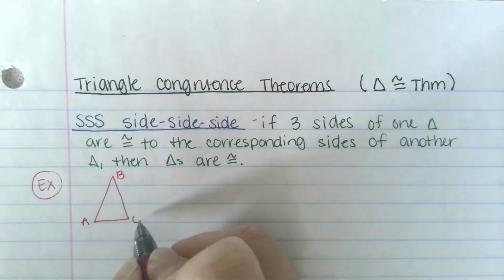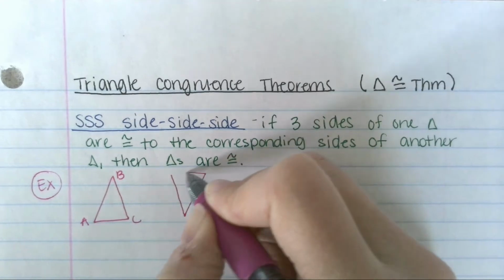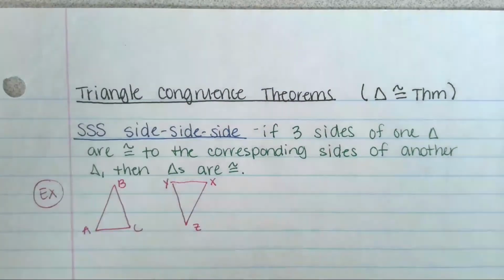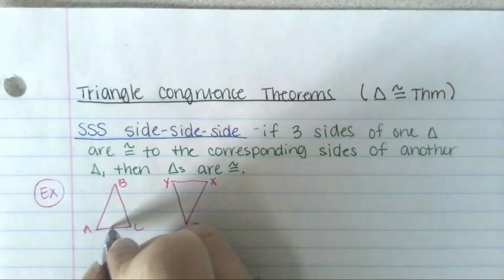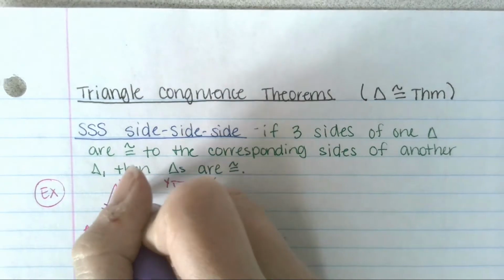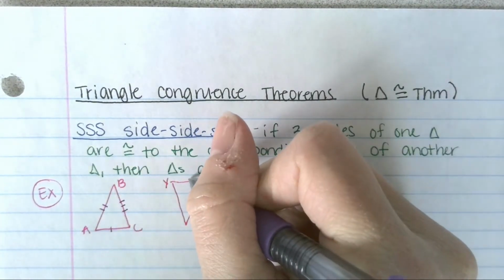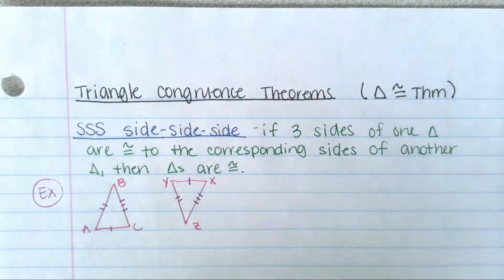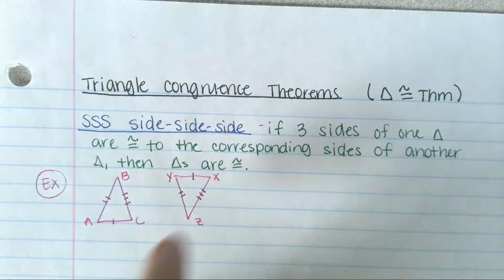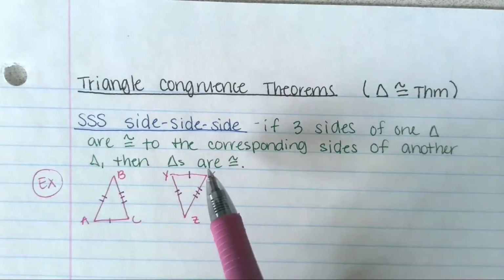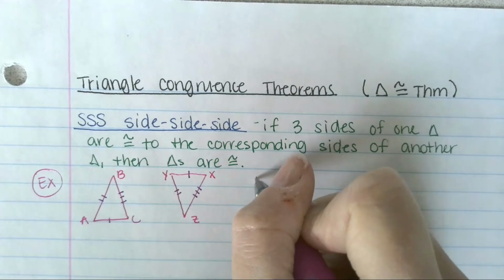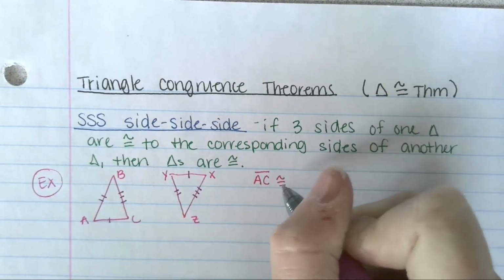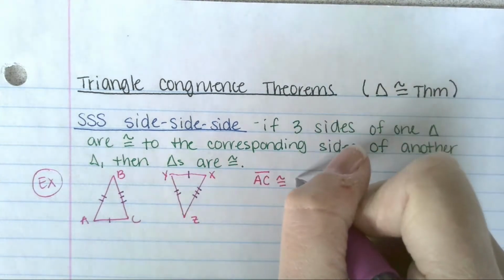So given triangle ABC and triangle XYZ, if they are marked like such, where all of the sides are marked, you don't have any angles marked, but you have all 3 pairs of sides, then we can say that side AC is congruent to side YX.